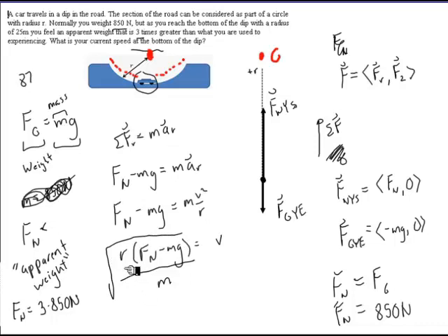And plug in all these values. So r is 25 meters. mg, you say, oh, I don't know the mass. Yes, you do. Because Fg is equal to mg. So you can easily find the mass. Just take that 850 newtons and divide by g, and you have your mass. Okay? So do that. Plug all that in.